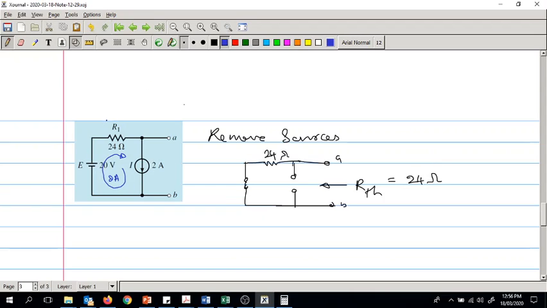So we have a voltage here which is equal to 24 into 2 volts.